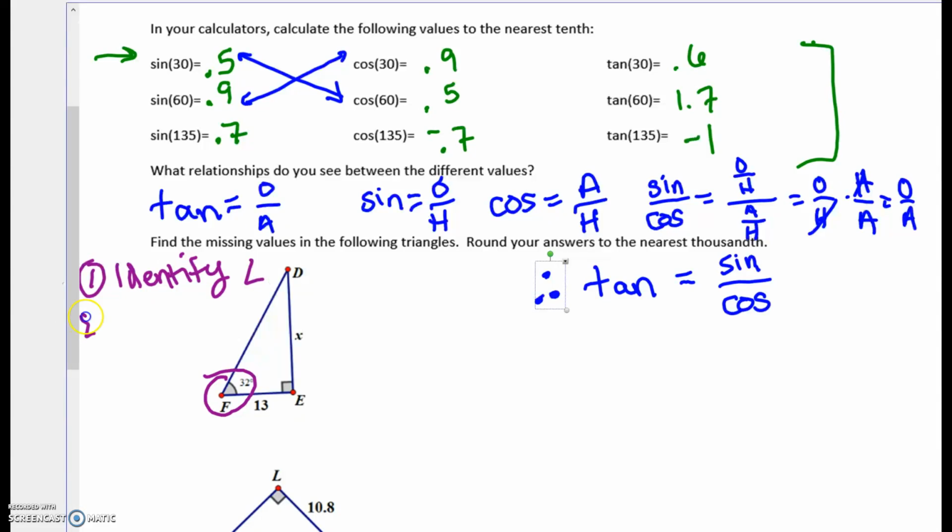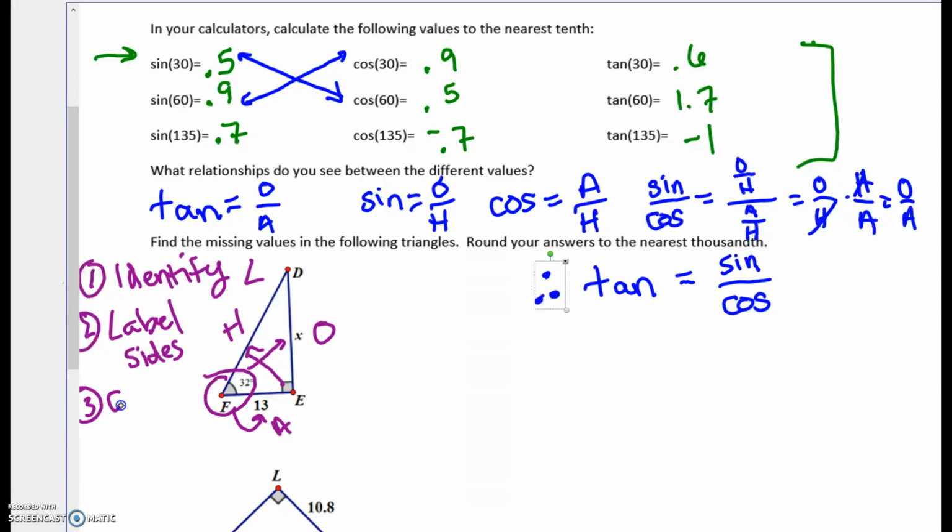Then we're going to label our sides. Okay? Well, across from angle F, my opposite side is the X. The hypotenuse is here, and my adjacent side is the 13.